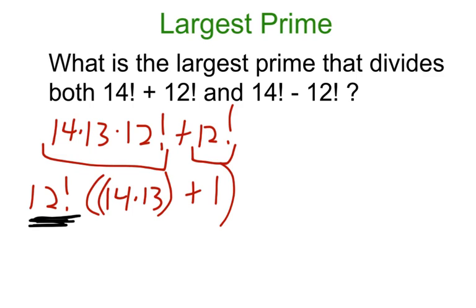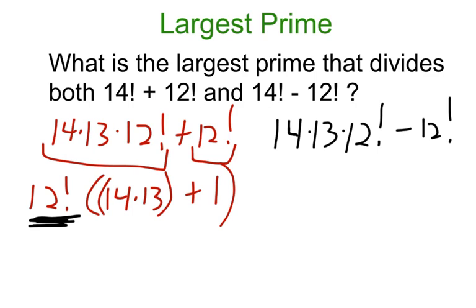And then do the same thing on the second number. So 14 times 13 times 12 factorial minus 12 factorial. They both have a 12 factorial in common, so I'm going to factor that out. That's really the key thing, just knowing that they both have a 12 factorial.